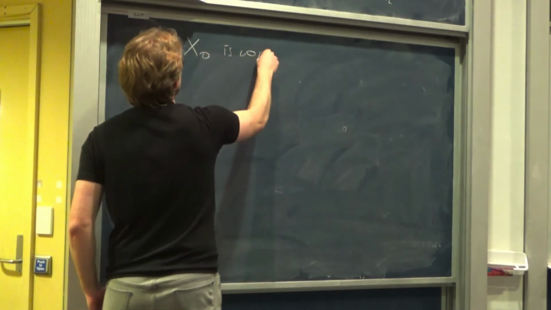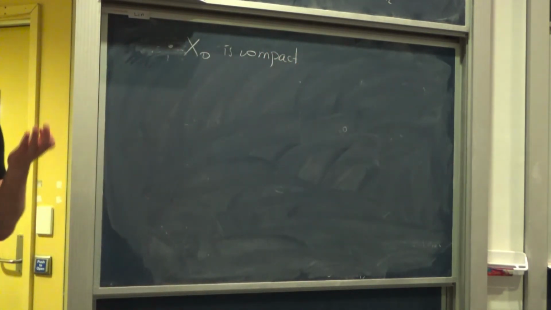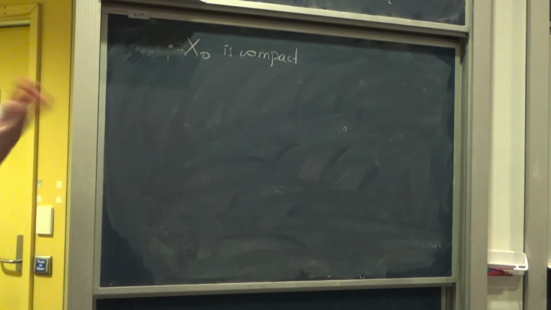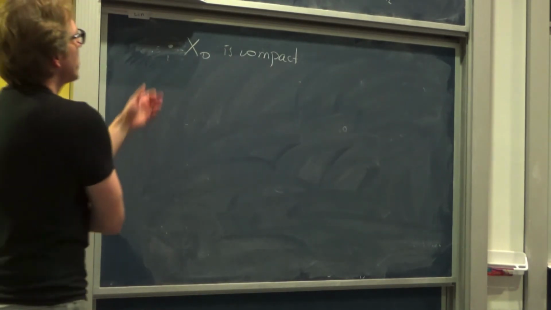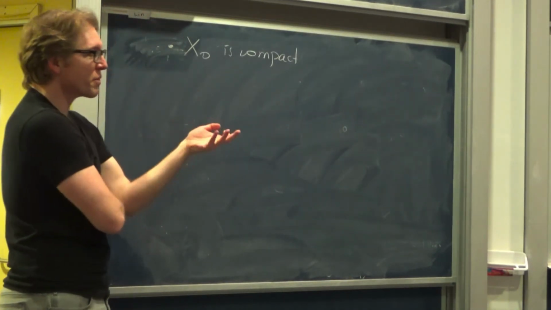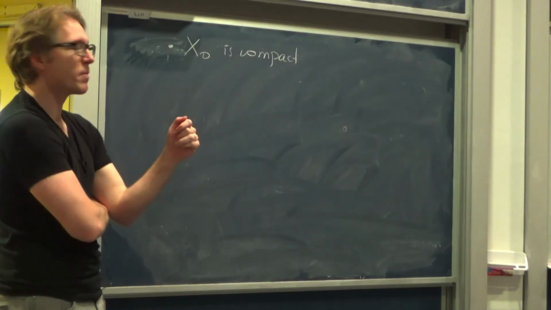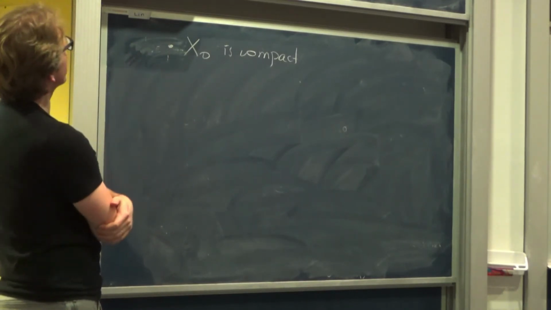X0 is compact. Well, X0 is finite, right? So if I have an open cover, certainly there's a finite subcover. And moreover, it's a good exercise to check that a discrete space is compact if and only if it's a finite set. Okay, so X0 is compact.